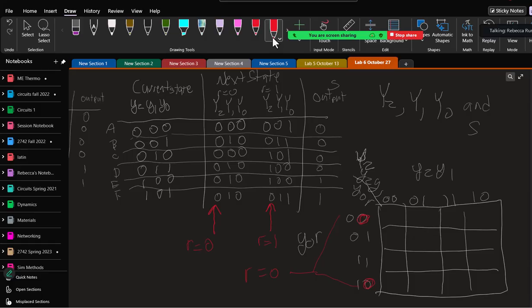But notice something else. We are missing a couple states here. We don't have 1, 1, 0 or 1, 1, 1. So 1, 1, 0 and 1, 1, 1, those states are going to give us don't cares. And notice this is when y2 and y1 are both 1.